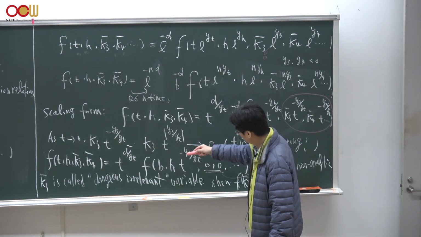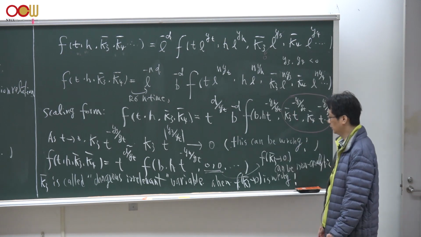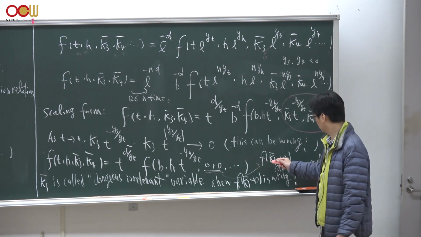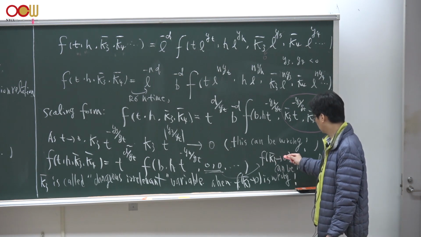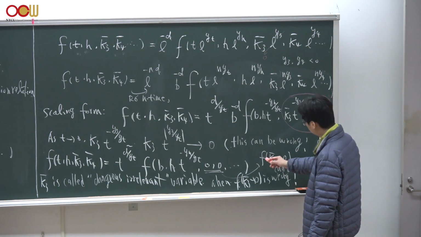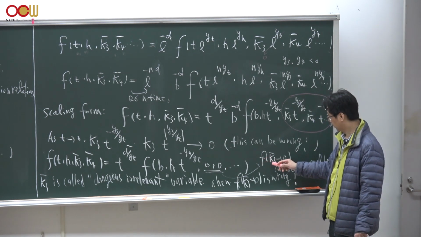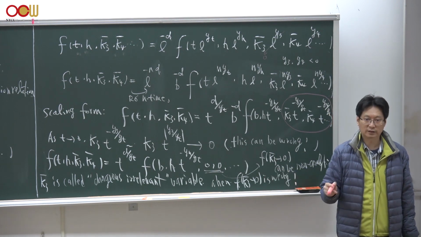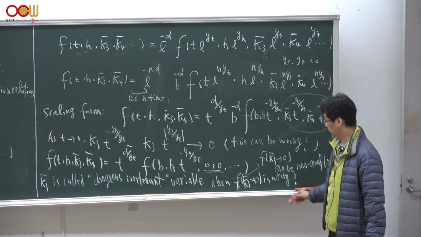We could disregard this K3 variable only when the free energy density, as a function of K3, is analytic when K3 goes to 0. Suppose that this free energy density, as a function of K3, becomes singular or non-analytic in the limit where little t goes to 0.